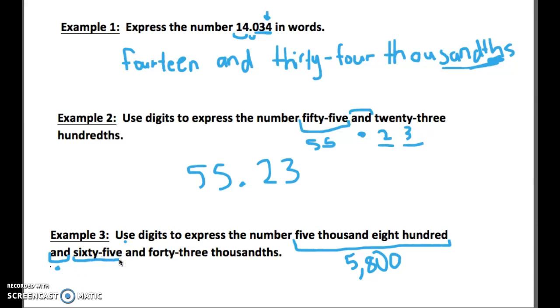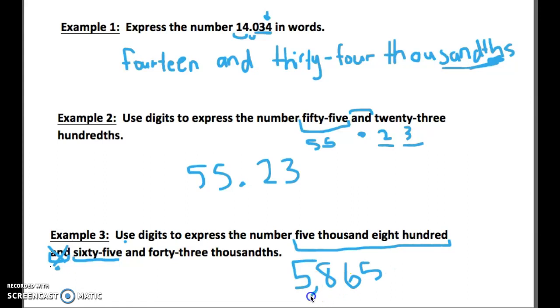Oh, sorry. This "and" is not the decimal. It's 5,865. Excuse me, let me erase that. I wasn't looking far ahead. It's 5,865.